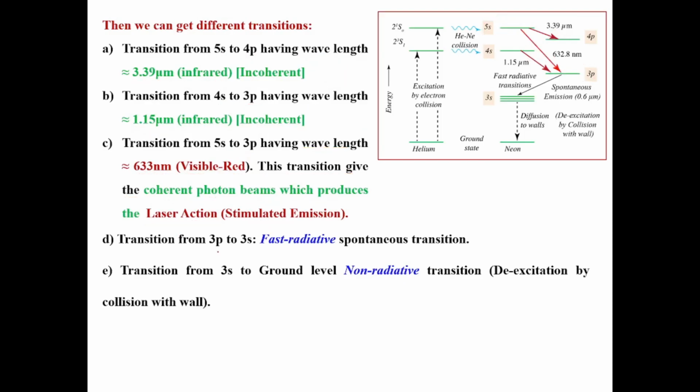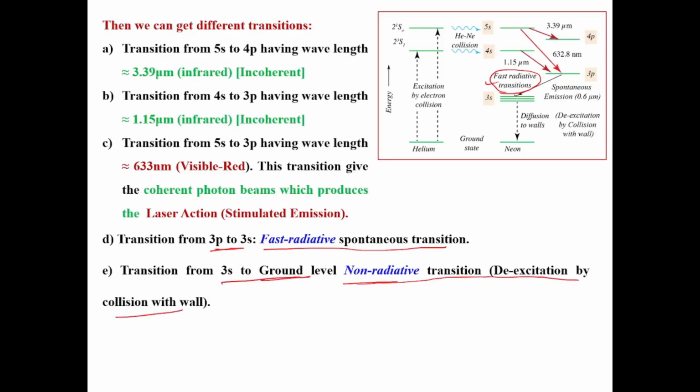Now another transition, 3p to 3s, is a fast radiative transition, or spontaneous radiation itself. It is a fast radiative spontaneous transition, obviously not a laser action. Then 3s to the ground level is by non-radiative transition, or de-excitation by collision with the walls.